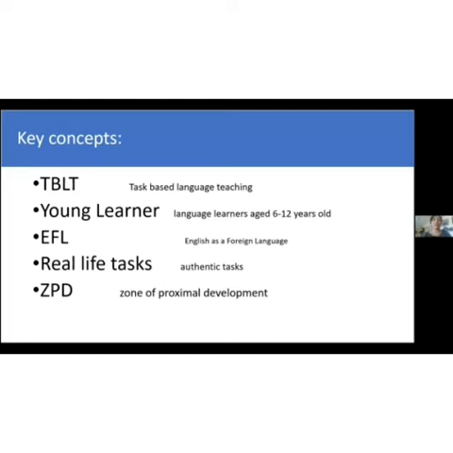And EFL, as everyone knows, is English as a foreign language. Real life tasks that we implement in the young learner classroom are the authentic tasks that happen in life, and students can use language to implement the task. ZPD stands for Zone of Proximal Development.